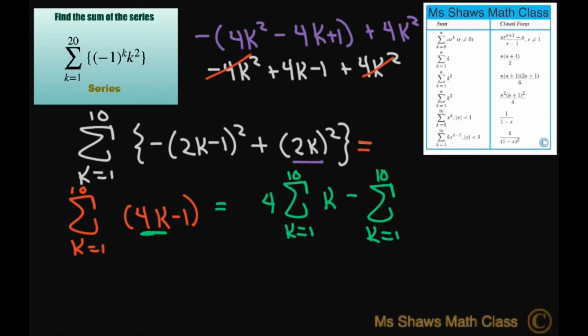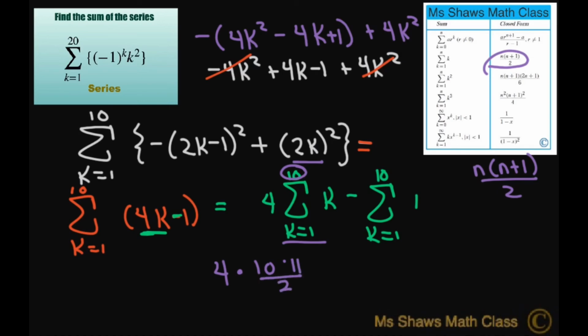Or I'll just pull out the negative, so just put 1 here. All right, so basically for this piece, we're just using this formula here. We have 10 numbers, so this is going to be 4 times, and this formula here is n times n plus 1 divided by 2. So this is going to be 10, because that's your n, times 11 divided by 2.